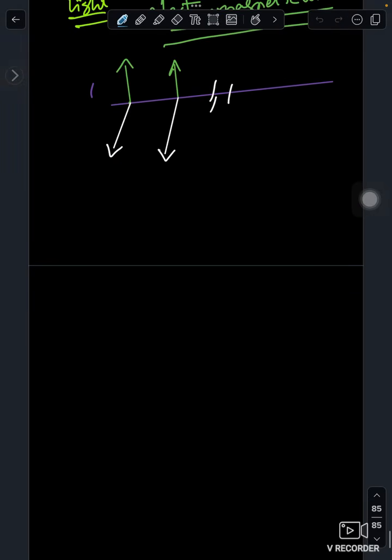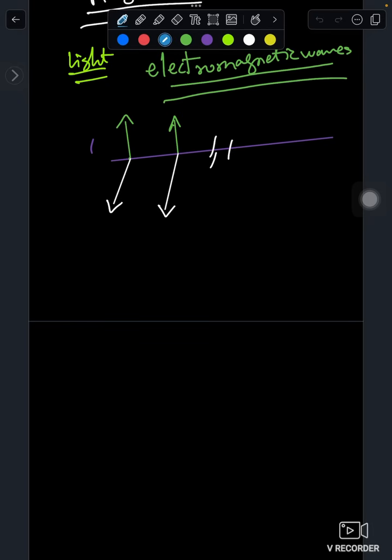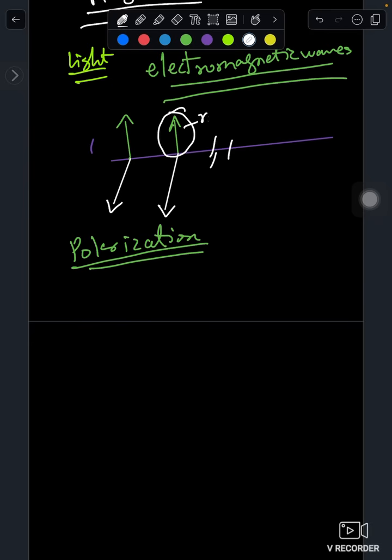We can stop light using polarization. What is polarization? We know that light has a vertical part and a horizontal part.